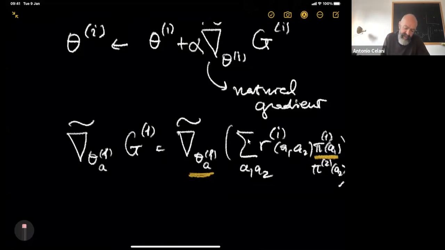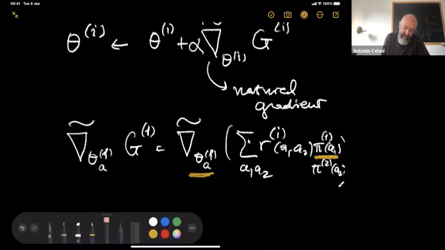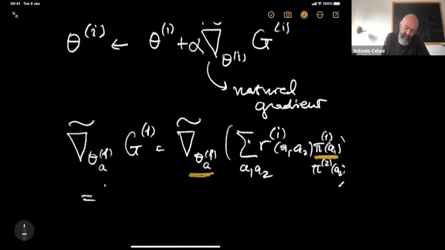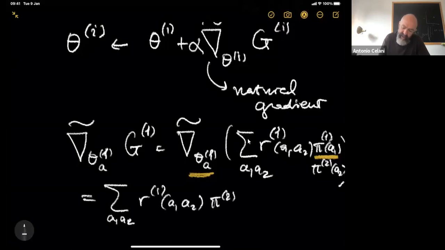So this operation just leads to the gradient of the sum being the sum of the gradients. So this is R1(A1, A2). Pi 2 is left unchanged, but I have the natural gradient of theta_A1 with respect to pi_1(A1).